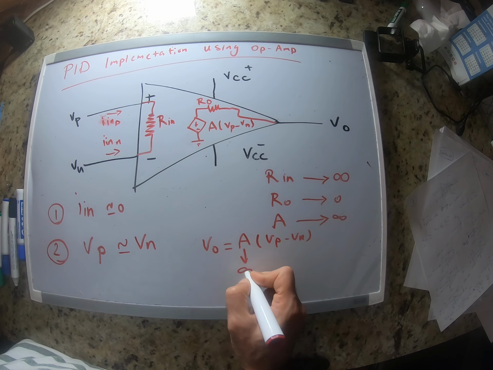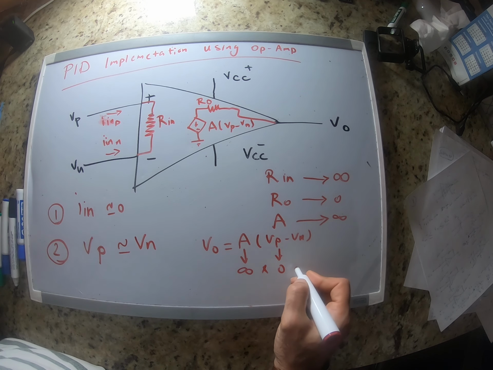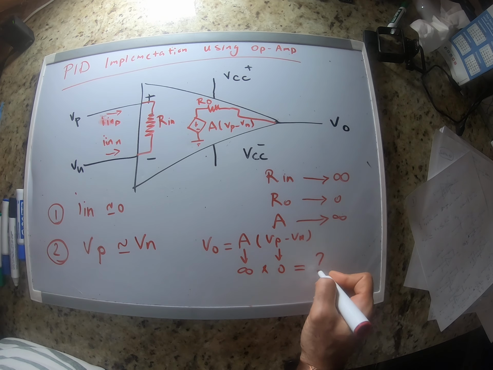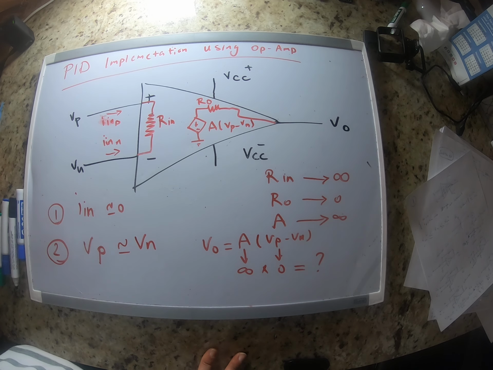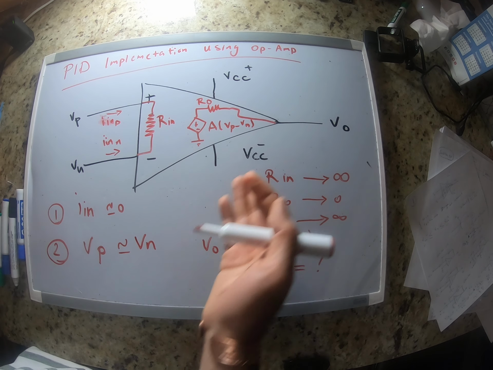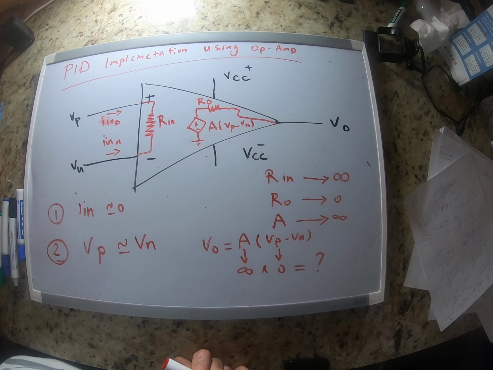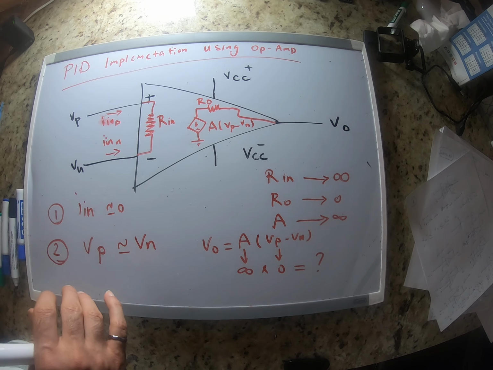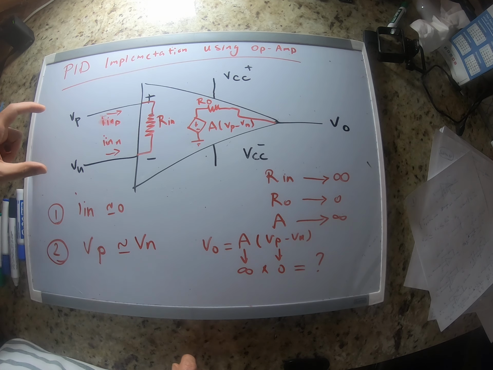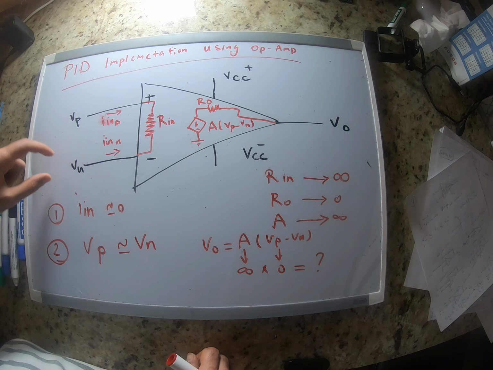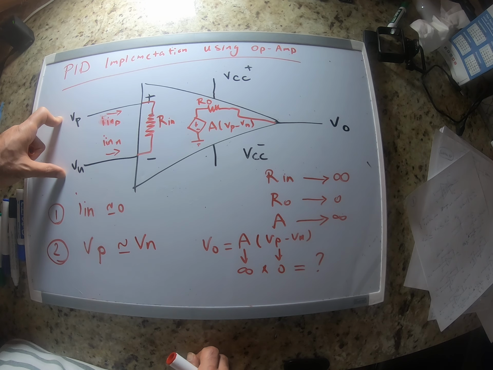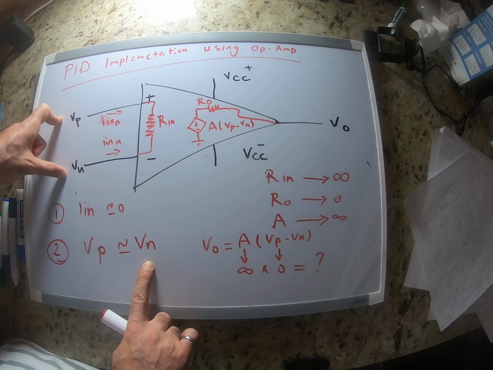So mathematically, this is not defined, right? It can be any number. It's not zero, it's not infinity, so VO can be any number. If op-amp is not saturated, it can keep VP and VN almost the same. VP can be equal to VN.